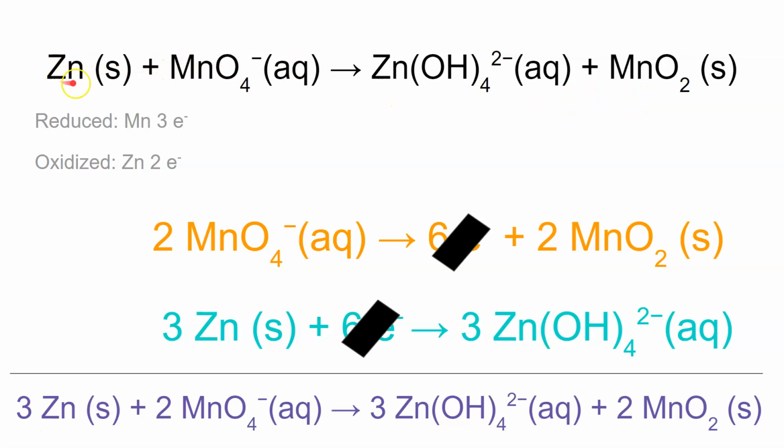And I had already identified that we have a zinc here, manganese here, and a manganese here. So it's already balanced in terms of every element except for oxygen and hydrogen. But should there have been 2 zincs here, then we would have wanted to balance that out on this side as well. And same goes for manganese.